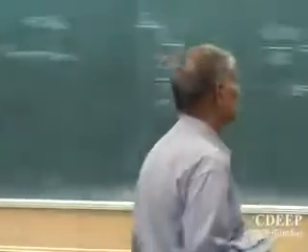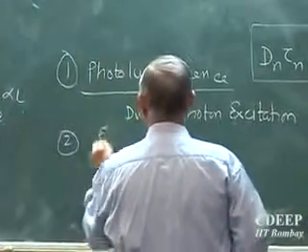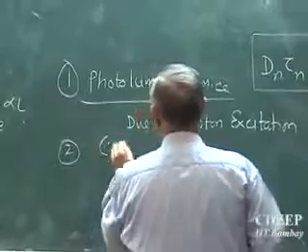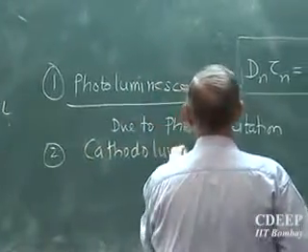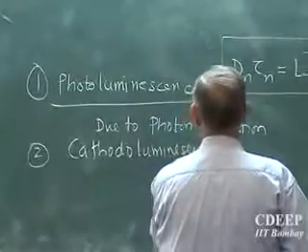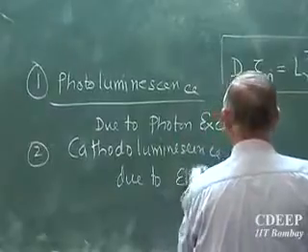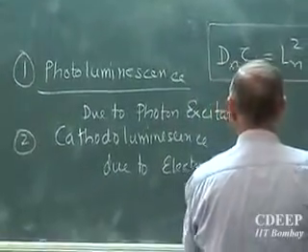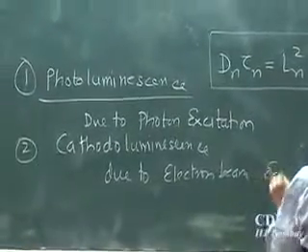Electron beam shining. So if you see luminescence due to electron beam shining, what is it called? Cathodoluminescence. Due to electron beam excitation.